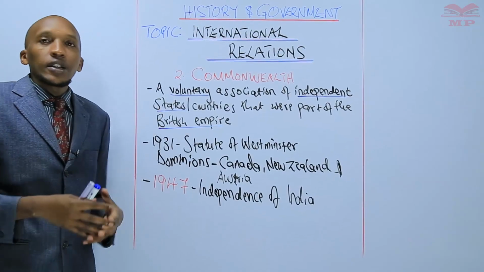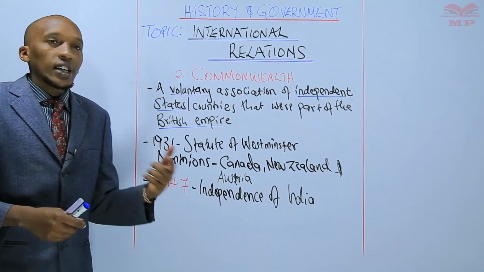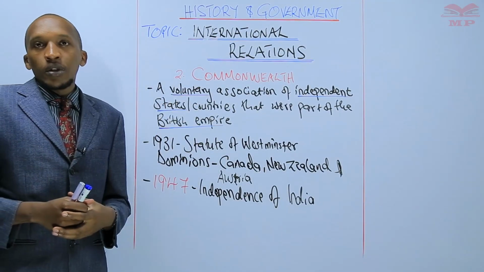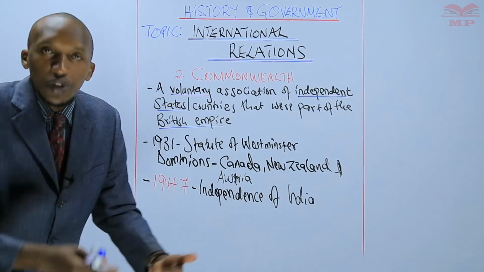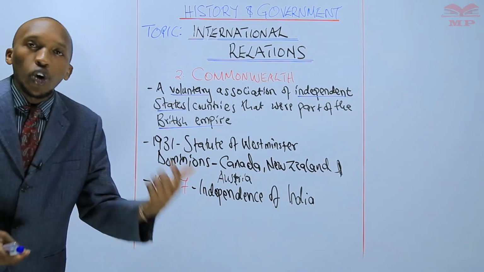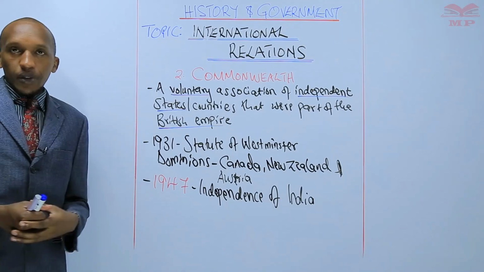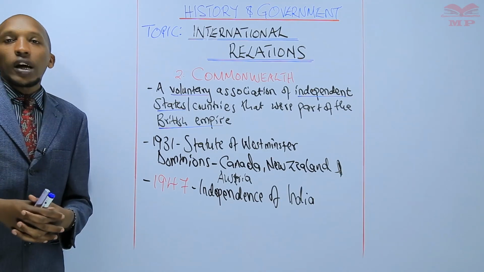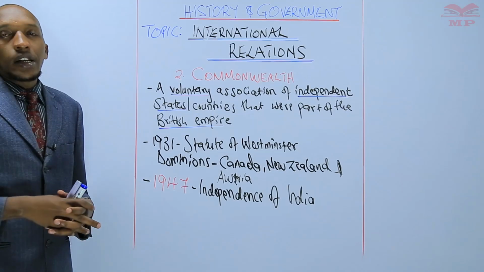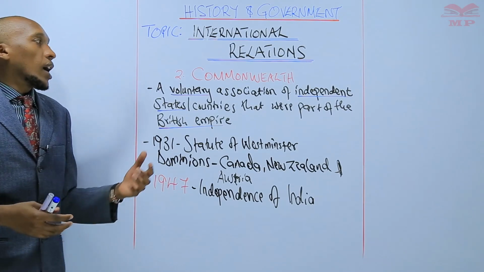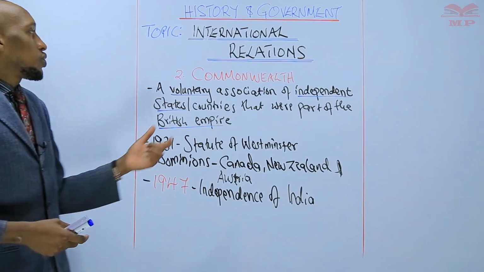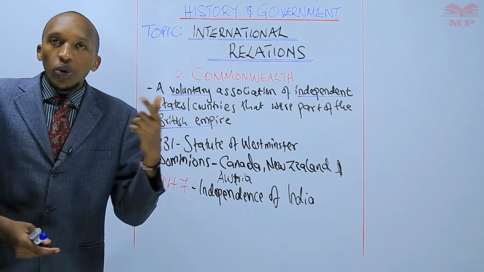Now they crafted a new organization that they refer to as the Commonwealth. So India was given an opportunity to either accept to join or not to join. So when it joined together with another nation, Pakistan, that led to the development of a new organization, which we are referring to as the Commonwealth.